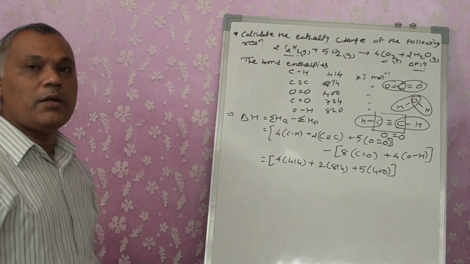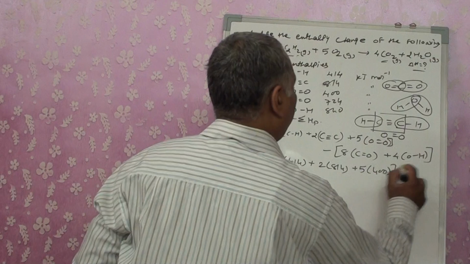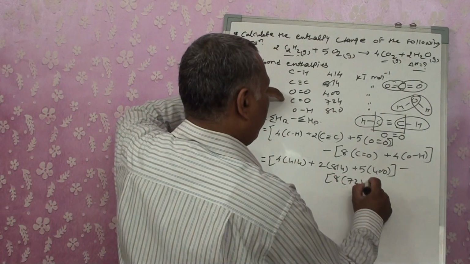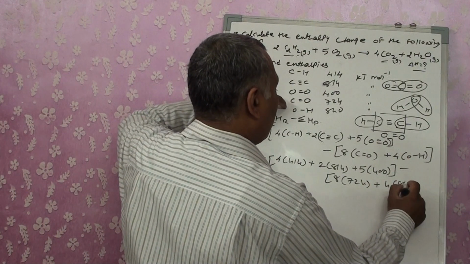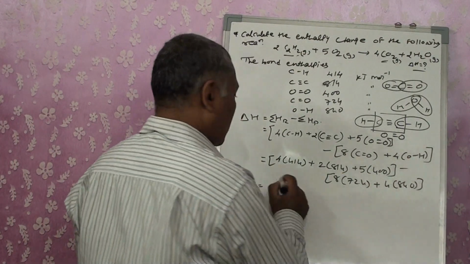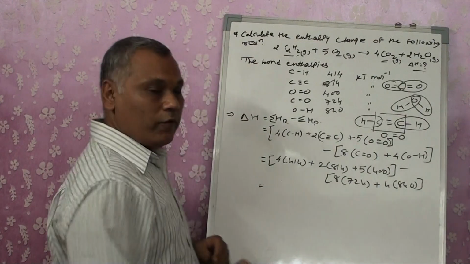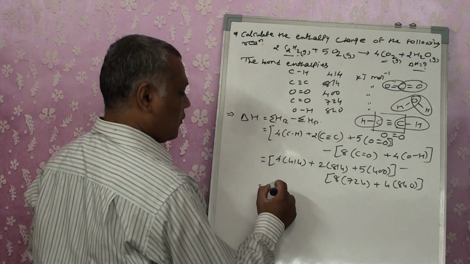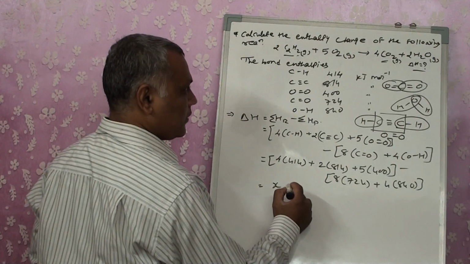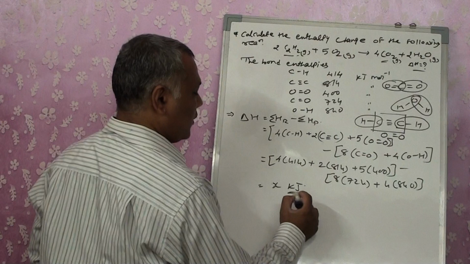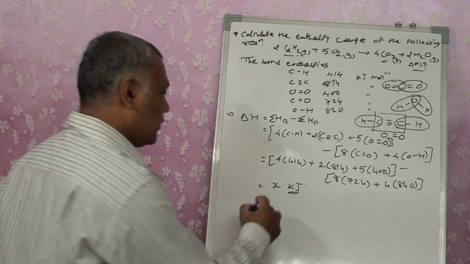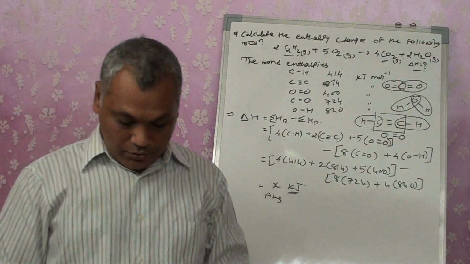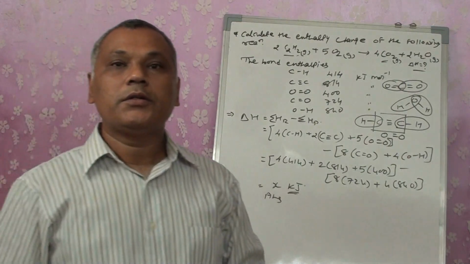Now we simply place the values: 8 C double bond O and 4 O-H. Multiplying them, we get the answer of this, and subtracting the answers, we get X kilojoule. That will be the answer. Multiplication and subtraction you can do using your calculator, right?